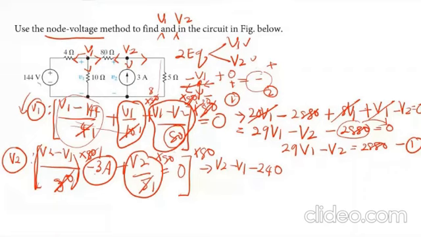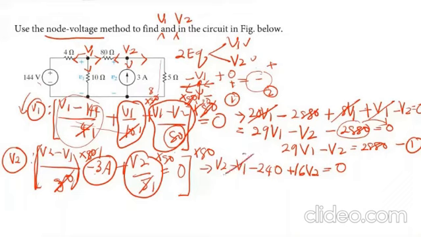80 divided by 5 is how much? 16. Okay, 80 divided by 5 is 16, right? So plus 16 V2 equals 0. And then for this one, just rearrange everything so that you have V1 in front.